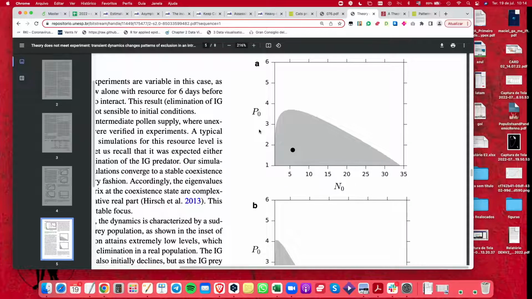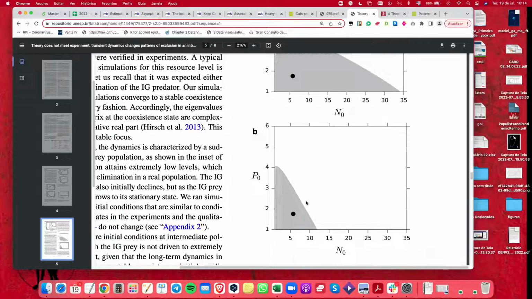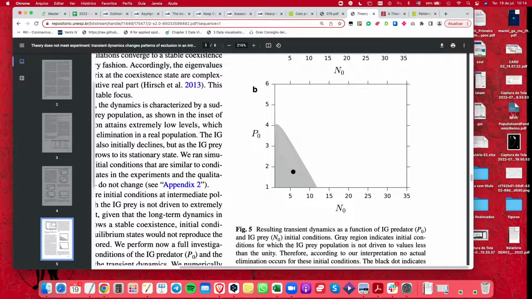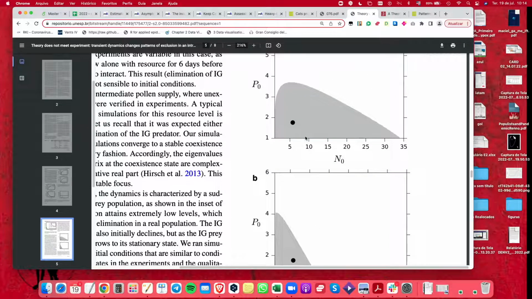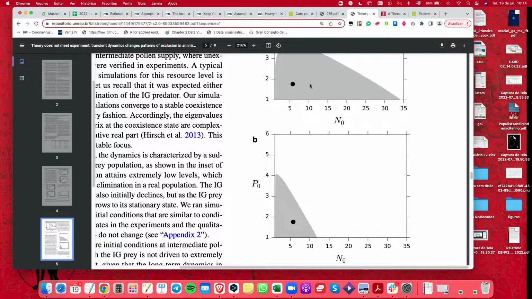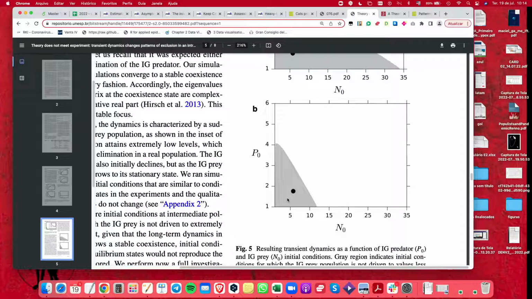And the actual shape of this depends on the value of the input of the resources, okay? So you have more resources in the second than in the first, and the gray region is larger here than here, and this is paradox of enrichment-like things.